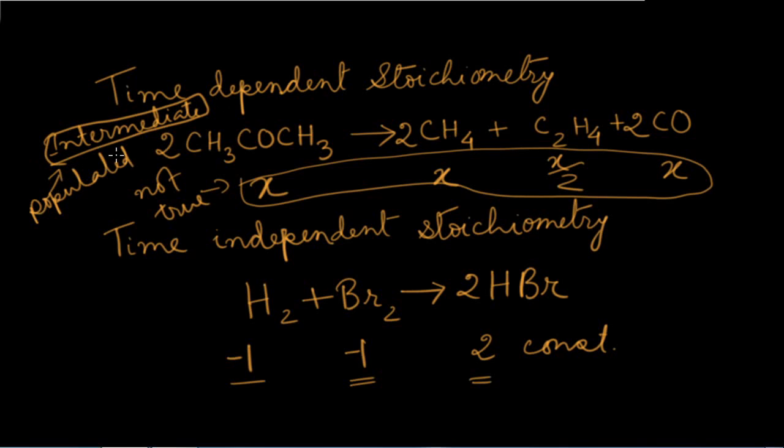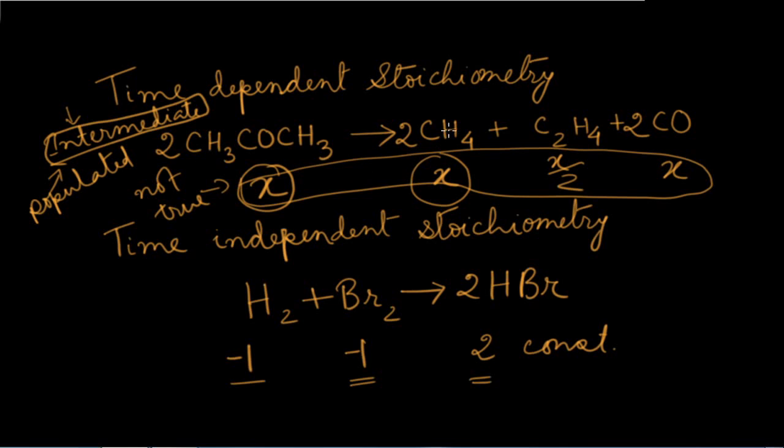So when X amount of acetone decomposes, it does not straight away form X amount of methane. Some amount significantly populates the intermediate, and only a fraction of that goes to methane very fast. So if you determine the amount consumed for acetone, and in the same time determine the amount formed for methane, you are not going to get the same value.